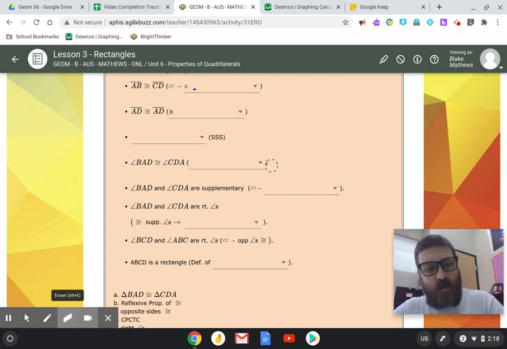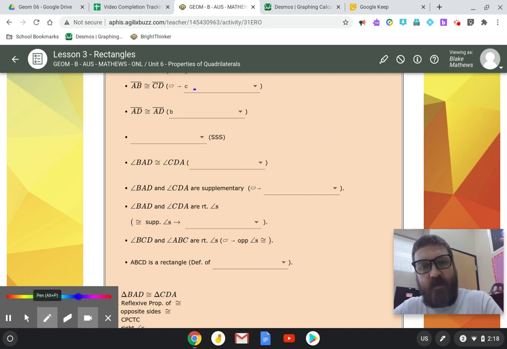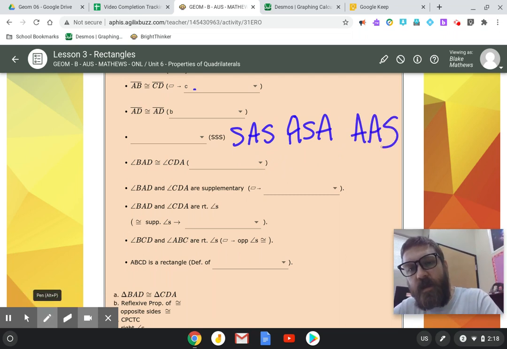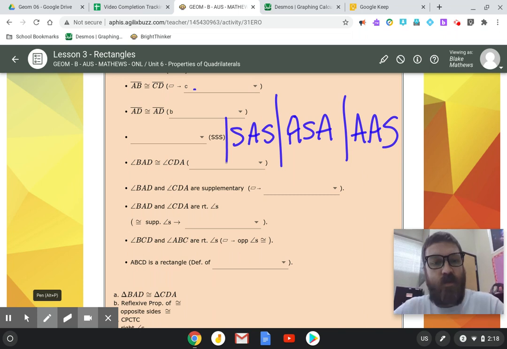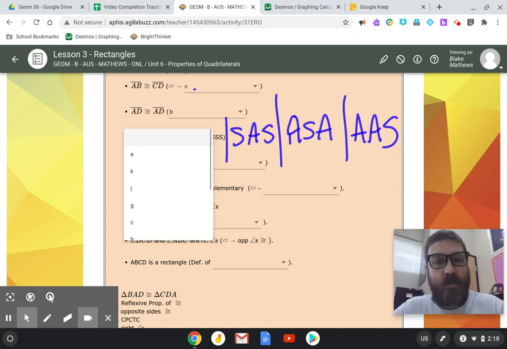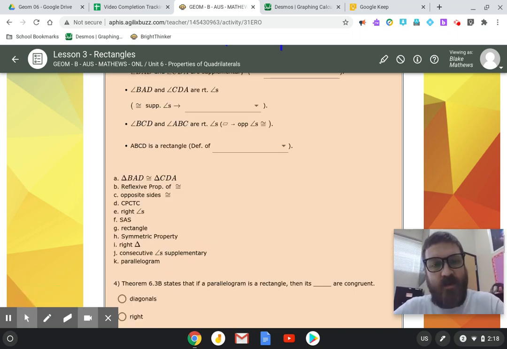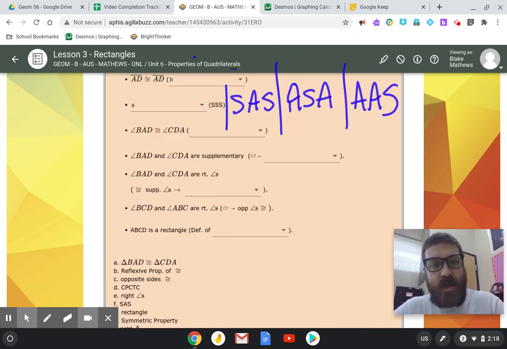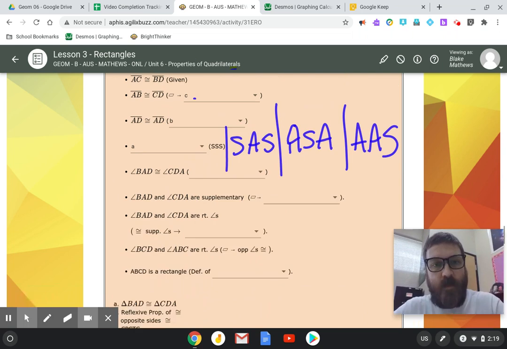It's AAS. So I'll write those down. The options are SSS, SAS, ASA, and AAS. Any of these work to prove that triangles are congruent. So we know this is going to be a triangle statement. The only triangle statement down here is A. BAD is congruent to CDA.